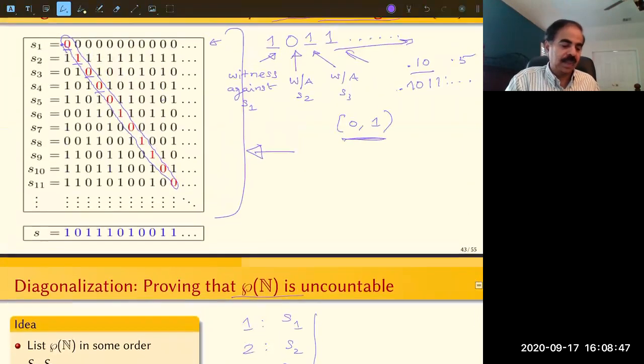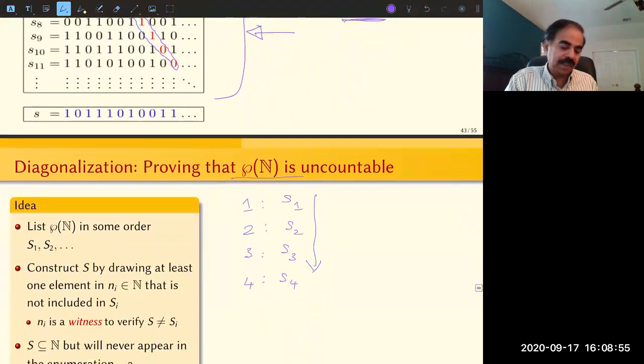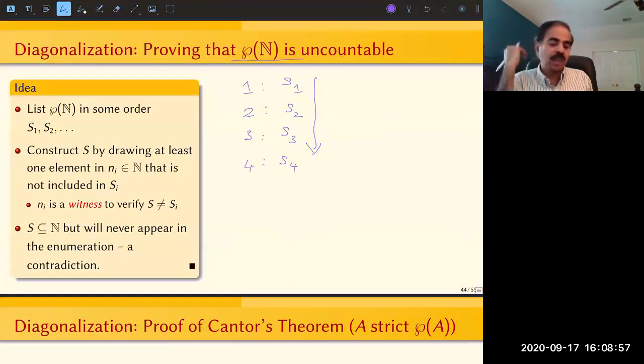If somebody can list them, then I tell you a way to manufacture a new string that is not equal to any of them. So the same way, I'm going to manufacture a set that is not going to be equal to any of them.